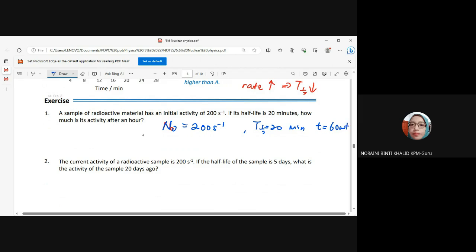So what you do, you need to find the number of half-lives n. How do you calculate the number of half-lives? You just take the time taken divided by the half-life.